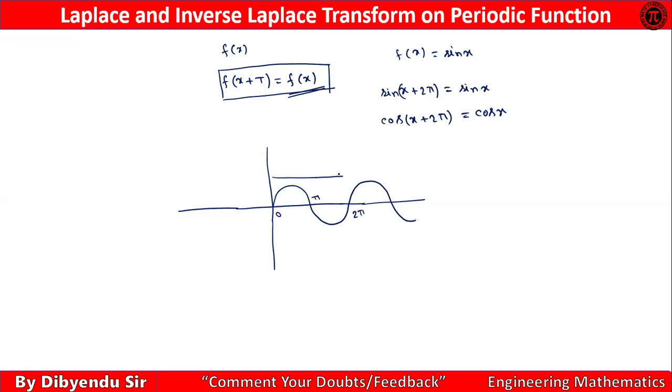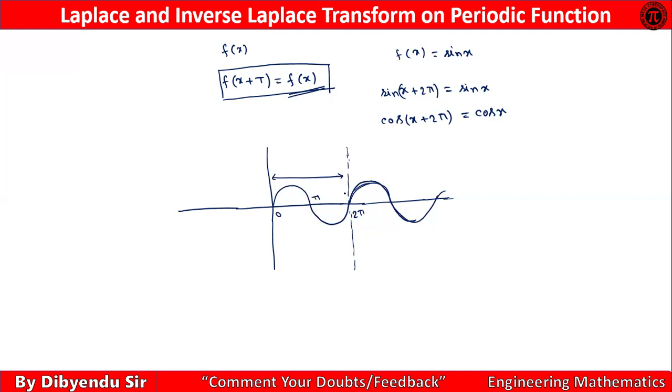After this 2 pi region, you can see that you are getting the same curve again. Yes or no? Now you can see that after 2 pi the curve is repeating. That's why the period of the function sine x is 2 pi.